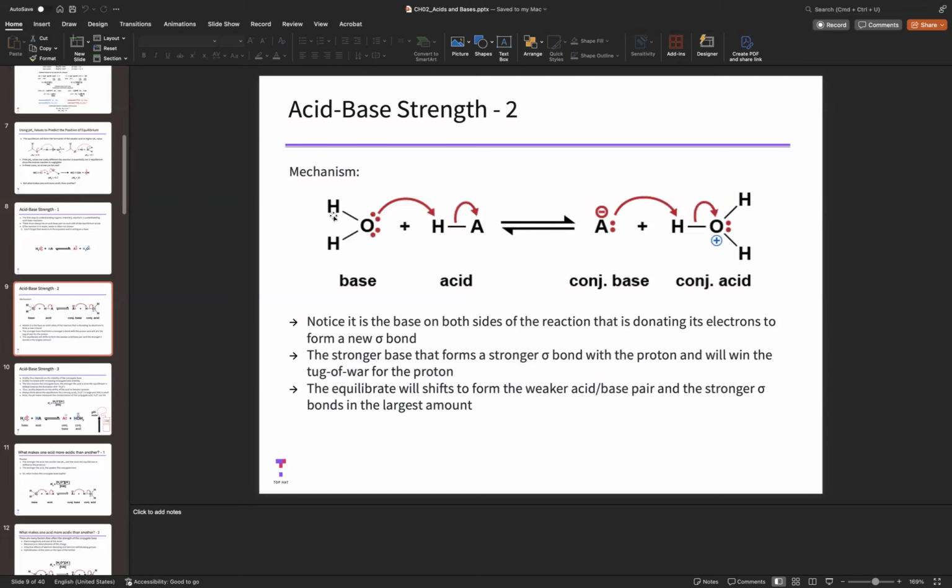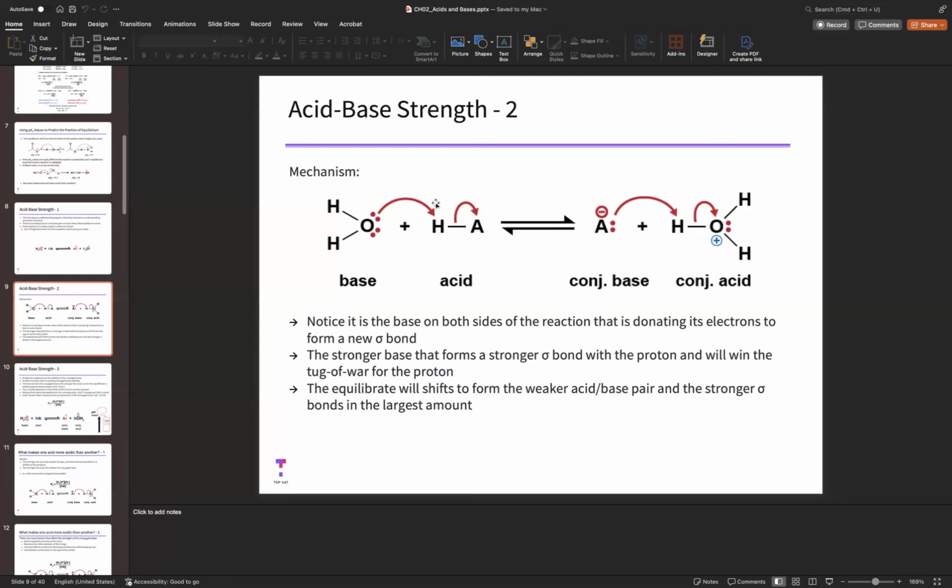We learned, or rather we reviewed, that the Bronsted and Lowry acid-base reactions have their counterparts on the other side of the arrow, called the conjugate acid, conjugate base. Depending on who donates the proton, H plus, and who accepts that H plus, we have the conjugate acid and the conjugate base. And we learned there is a conjugate acid base pair.